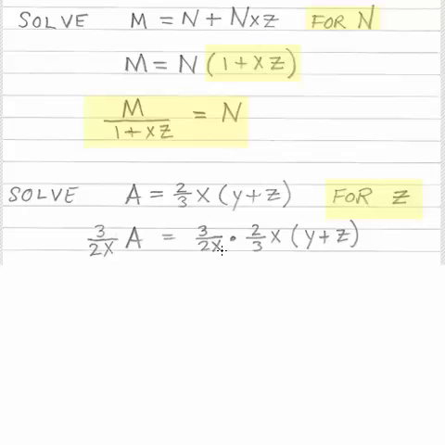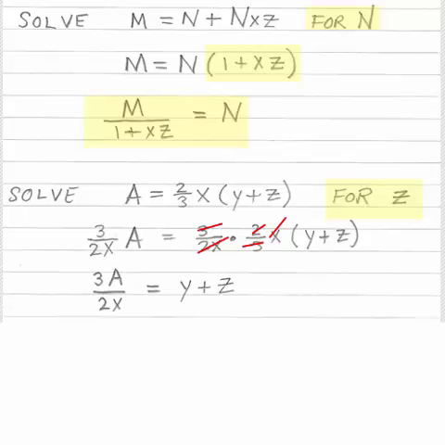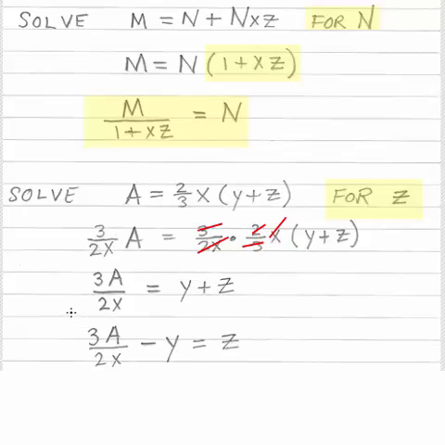And as you can see, the 2's cancel, the x's cancel, and the 3's cancel on the right, leaving just our quantity y plus z. And on the left we have 3 times a over 2x. And we then just need to get rid of the y, which is a simple subtraction of y on both sides. So we get an answer of 3a over 2x minus y equals z.